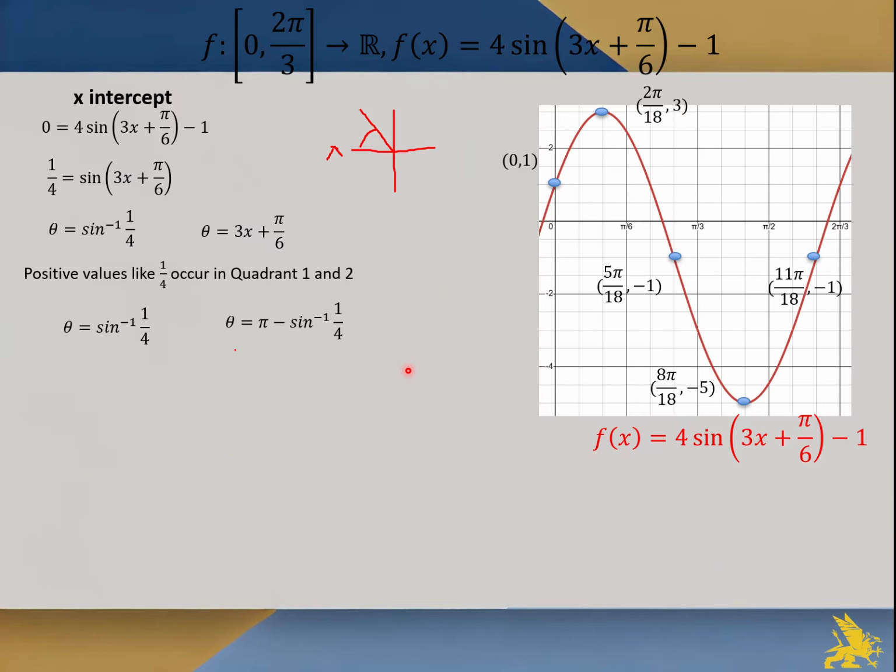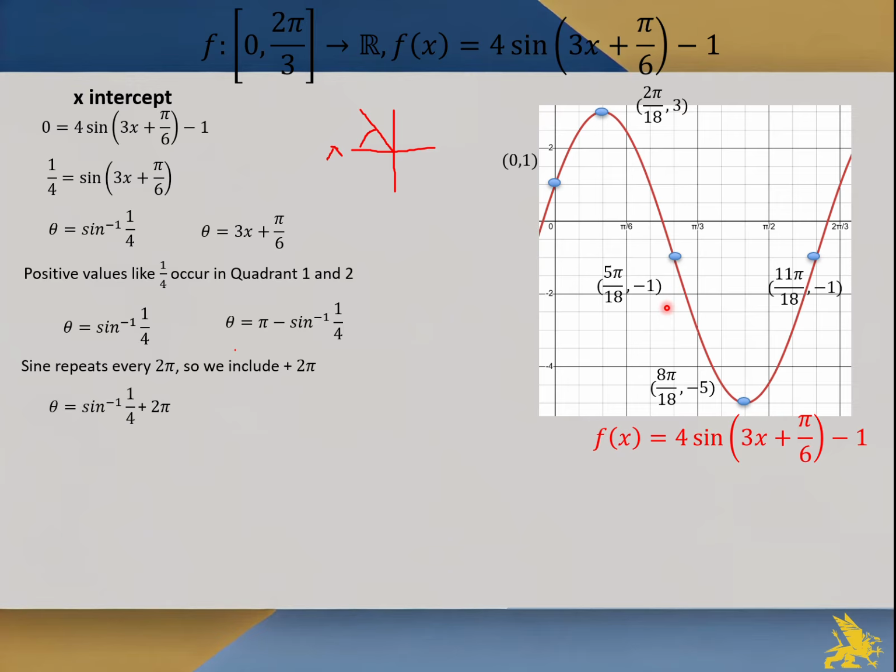Now, we also know that sine repeats every 2 pi, so we're going to include that plus 2 pi. What you'll notice is that I'll be putting an n value next to this. So that means we can keep on repeating this throughout the whole circular function if we did not have a restriction.